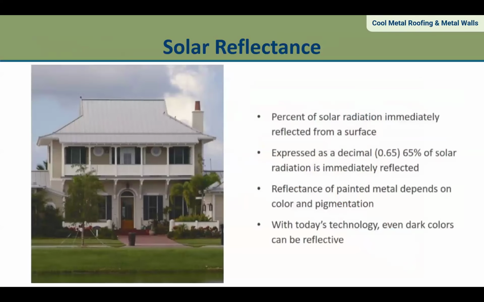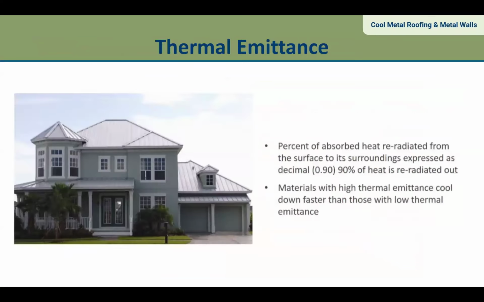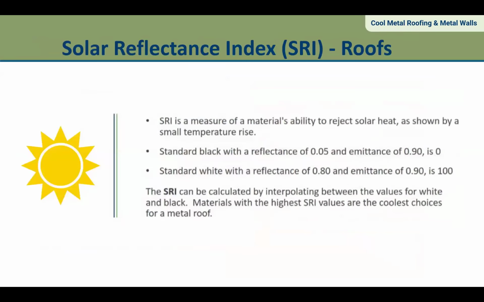Solar reflectance and emissivity are measured in decimals or percent of the overall performance. It's mostly collated into a manufacturer's color chart, which will feature what's called an SRI, or solar reflectance index.